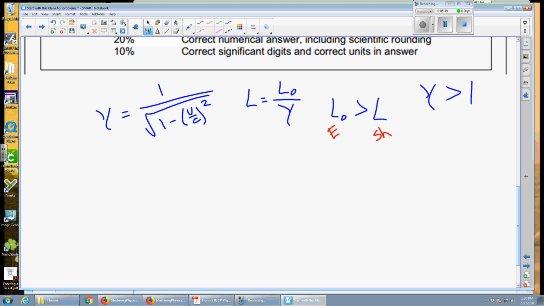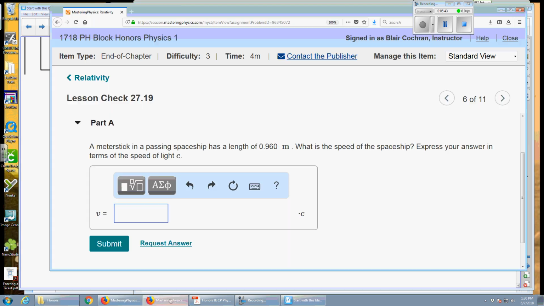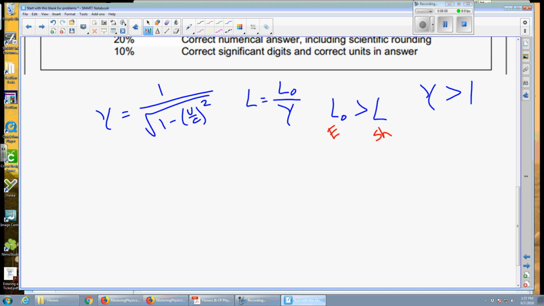So this really, let's see, they want to know v over c, I think, right? They want to know how fast, expressed in terms of c. So really, we're finding v over c. That's going to be our relationship in here. So we said that L is the smaller one.